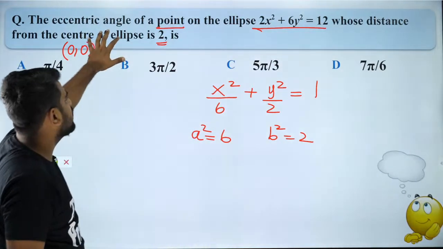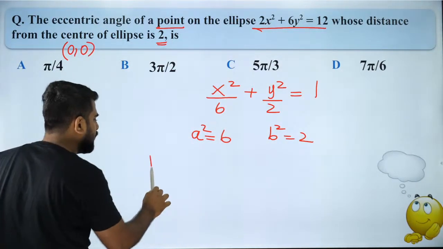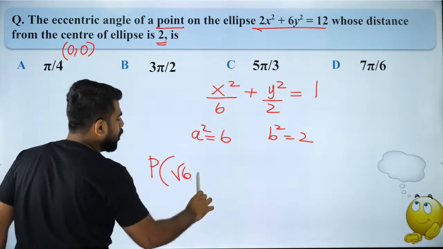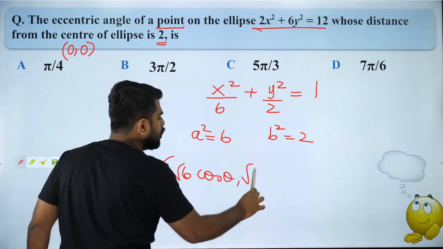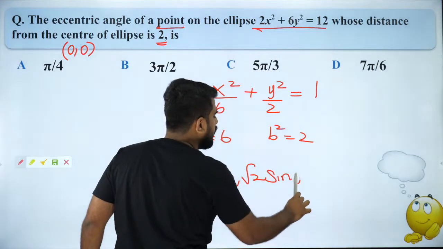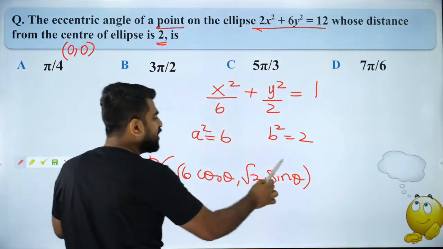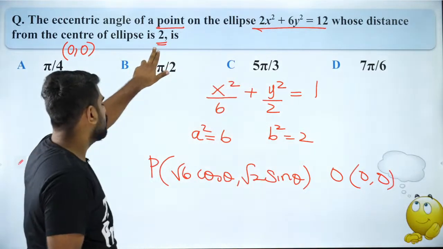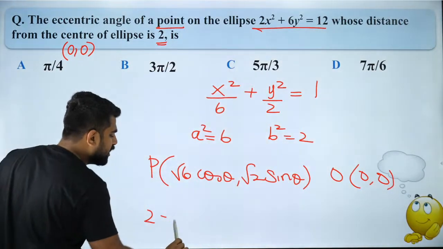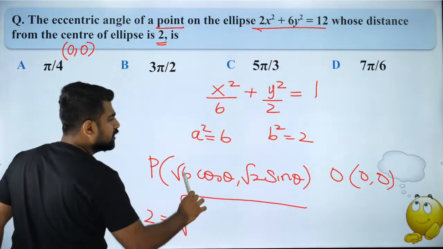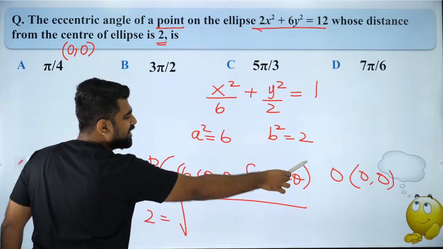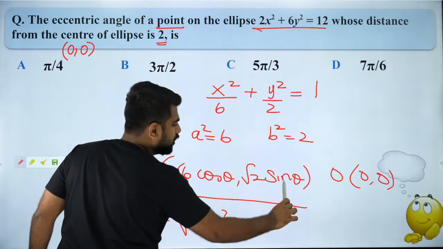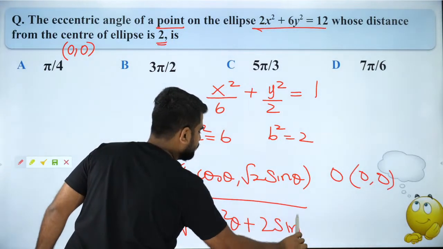So what is the parametric point P? The parametric point P will be root 6 cos theta, comma root 2 sin theta. And the distance between this and the center, which is 0, 0, is nothing but 2. So 2 is equal to the square root of (root 6 cos theta minus 0) whole square plus (root 2 sin theta) whole square, which will be 6 cos square theta plus 2 sin square theta.